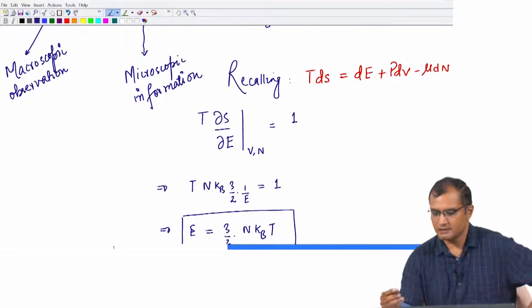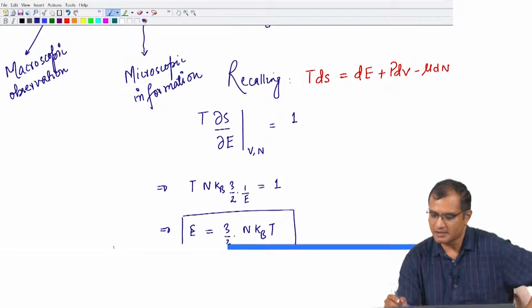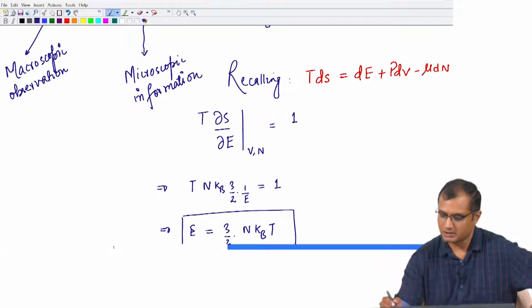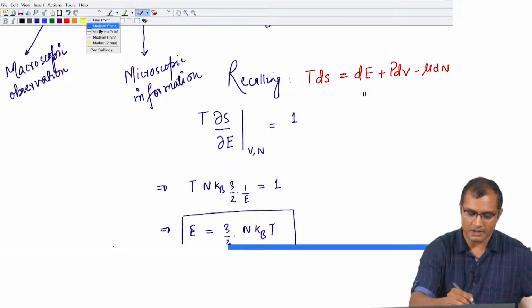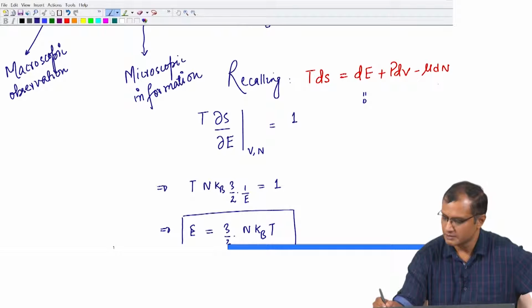So, another result you can obtain is the relationship between pressure and temperature. Now, here in this case you take from the first law and you take the derivative at constant E and constant N. Okay.